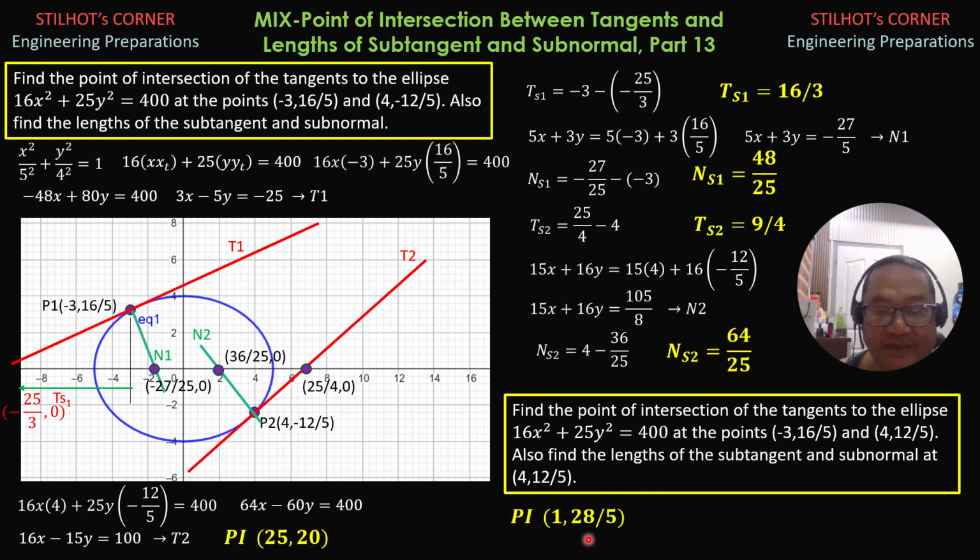The answer should be 1 comma 28 over 5. For the length of subtangent, TS is 9 over 4. Tangent to the point here, I want you to draw that, and subnormal is equal to 64 over 25.